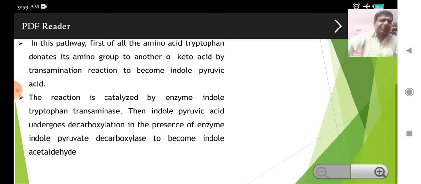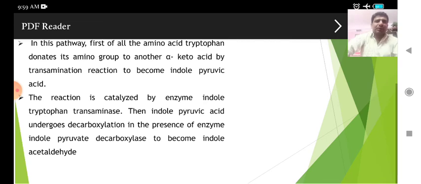This reaction is catalyzed by the enzyme tryptophan transaminase, and the indole pyruvic acid undergoes decarboxylation. There is a decarboxylation, means the carboxyl group is removed in the presence of the enzyme indole pyruvate decarboxylase to become indole acetaldehyde.